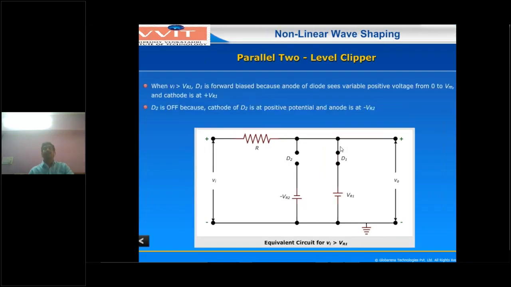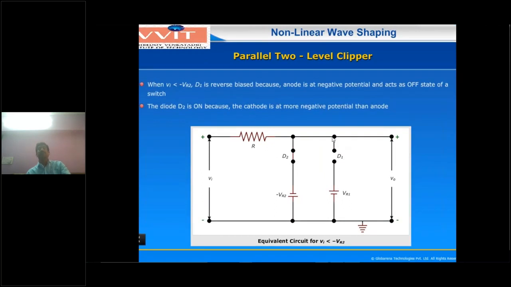Now D2 acts as a short circuit, D1 is off, and VR1 is inactive. The output voltage is parallel to minus VR2. That means when the input voltage is less than minus VR2, the output voltage equals minus VR2.